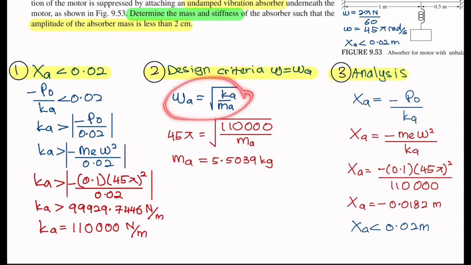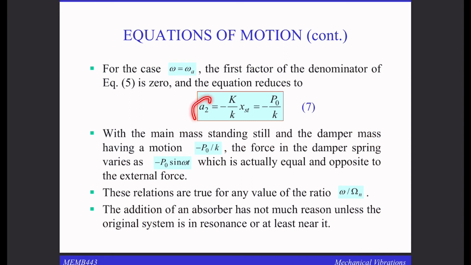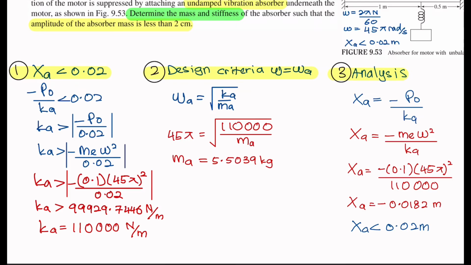Our design criteria is omega equals omega A, so our omega 45 pi equals omega A. The Ka that we chose just now, put it inside here. Then you can find your mass of the absorber to be 5.5039 kilogram.